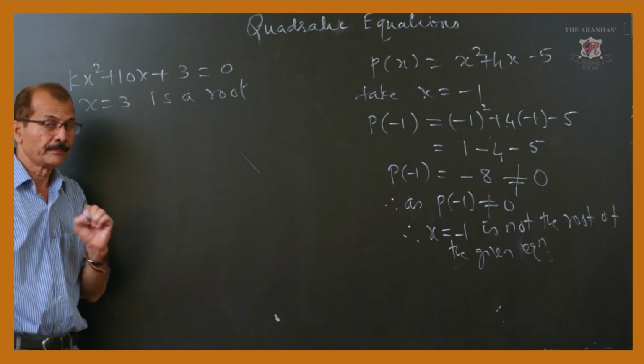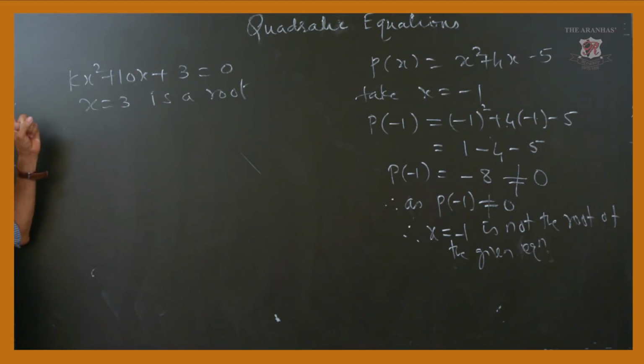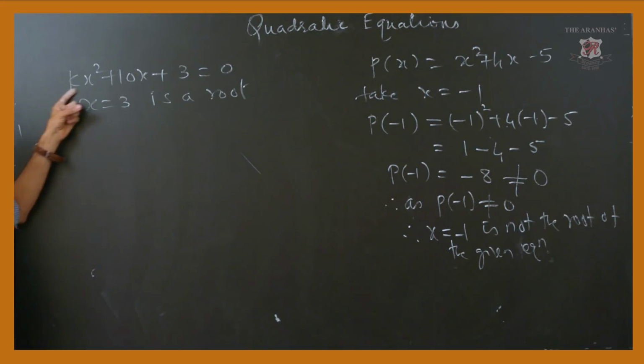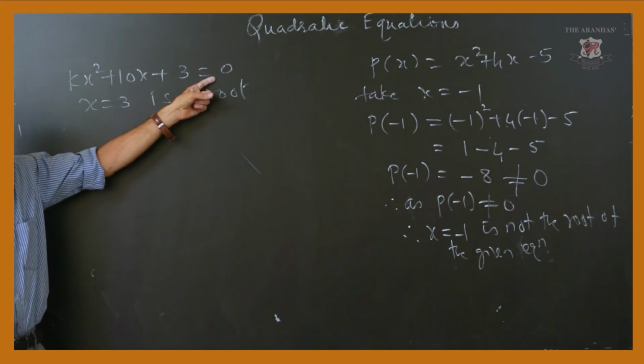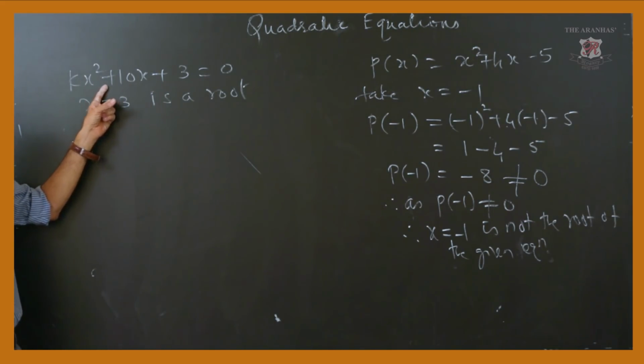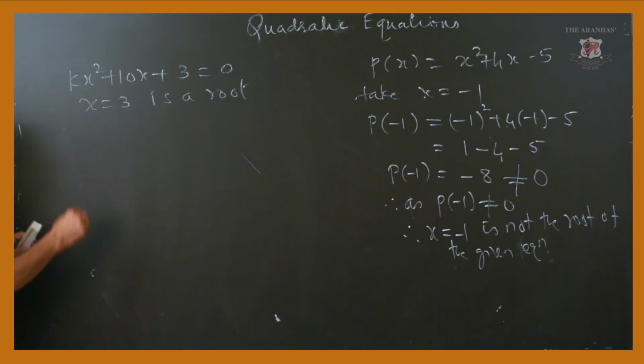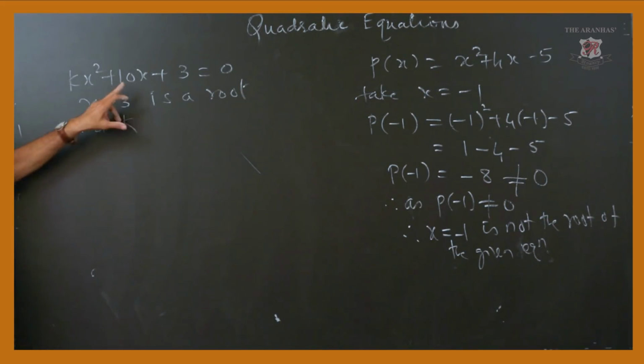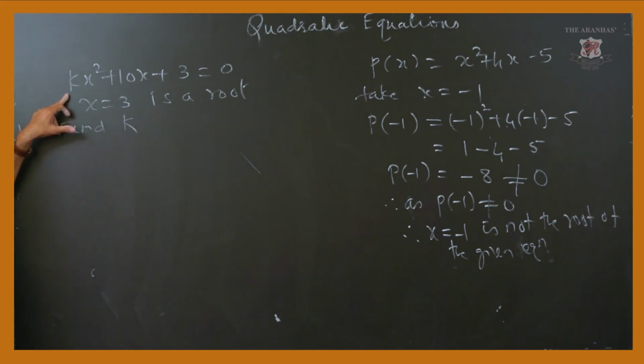So, now see, it is said that if x equals 3 is a root of this polynomial, of this equation, then you have to find k. I told you k is the unknown here in this polynomial.